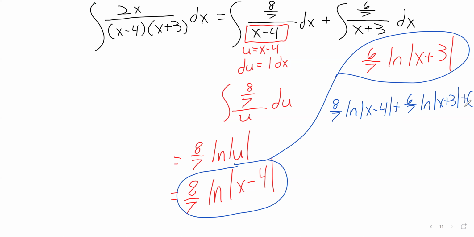So that's partial fraction decomposition. Again, I'd say that's part of one lecture on partial fraction decomposition, but that's the basic idea behind it. We take the rational function, we write it as the sum of simpler rational functions, we integrate the simpler rational functions.